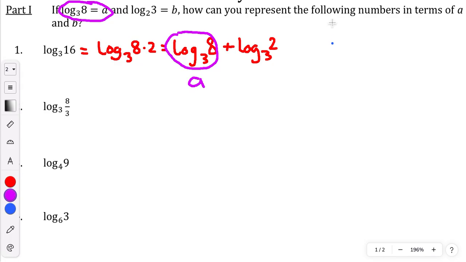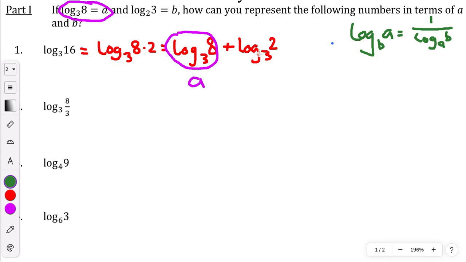Did you know that if, let me use a different color here, if you have some log and you want to switch that, it's the same thing as 1 over the switched part. So log of b base a.